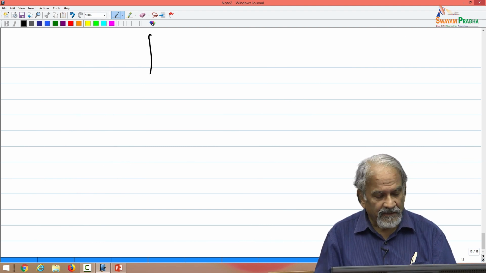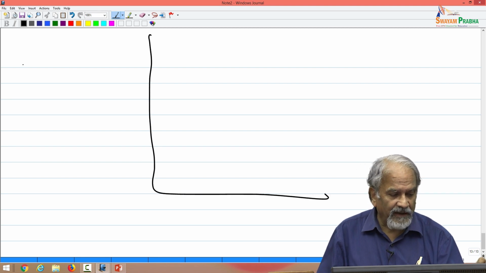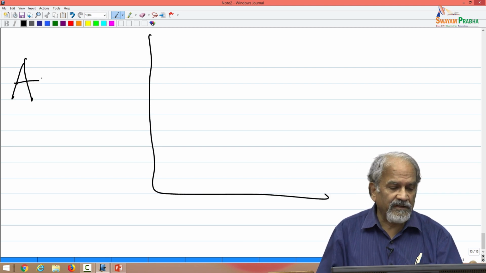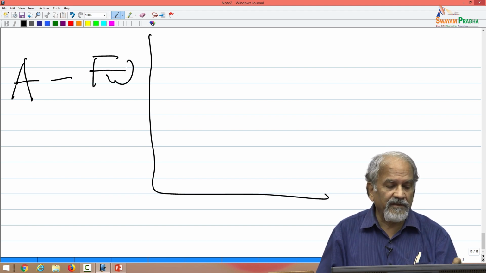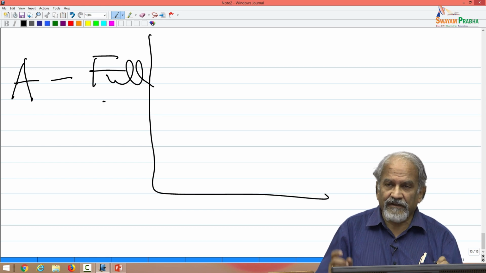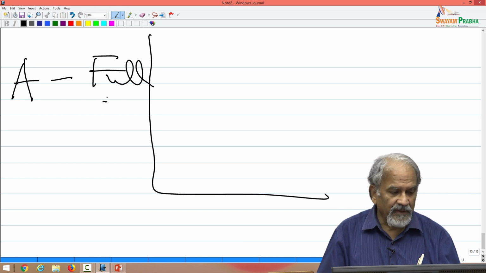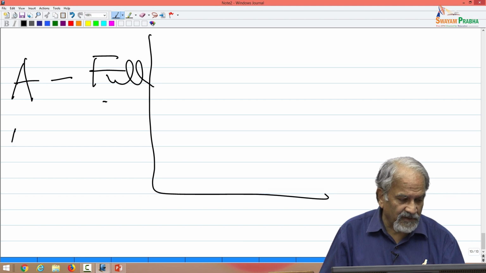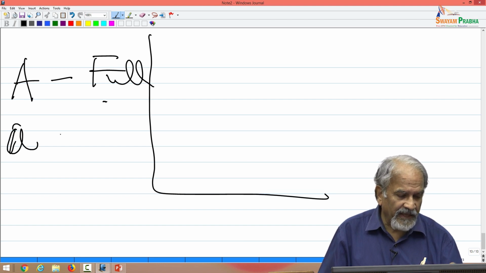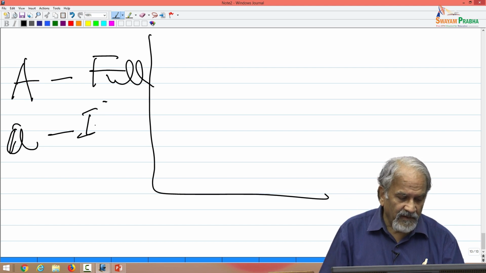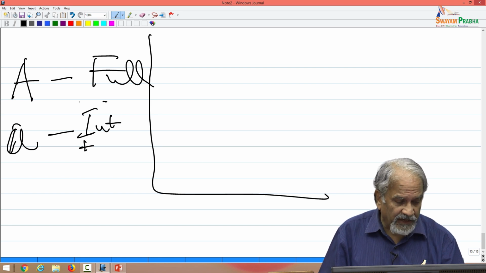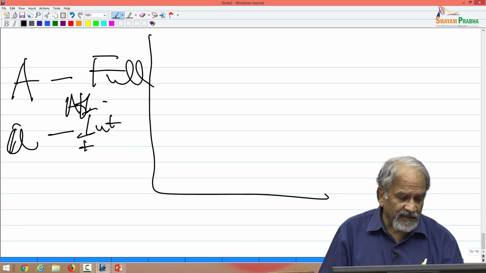Now, another situation is you have an agonist which is a full agonist, meaning affinity as well as intrinsic activity 1, versus you have an agonist which has an affinity plus an intrinsic activity less than 1.